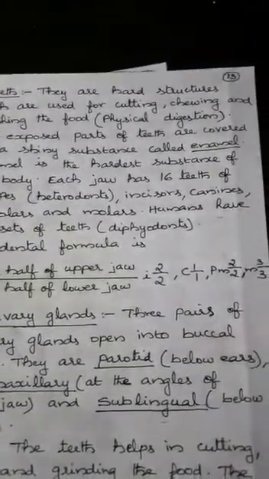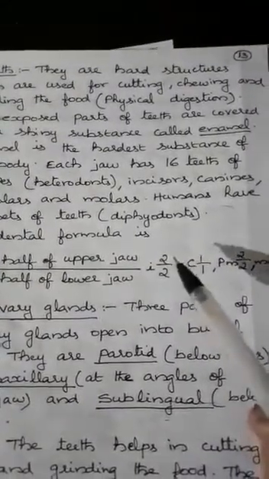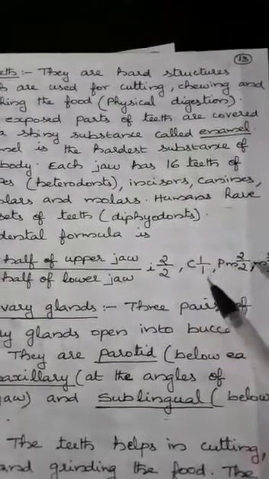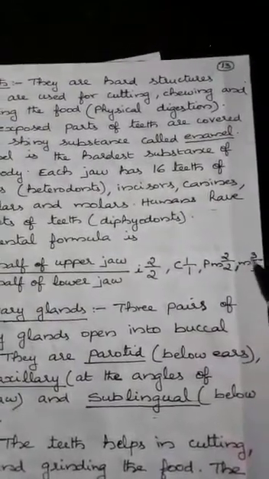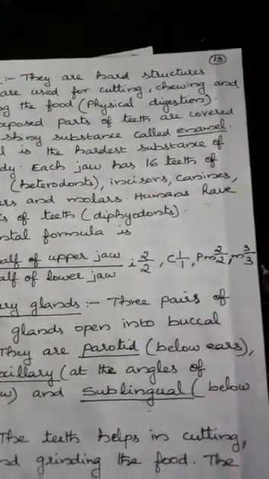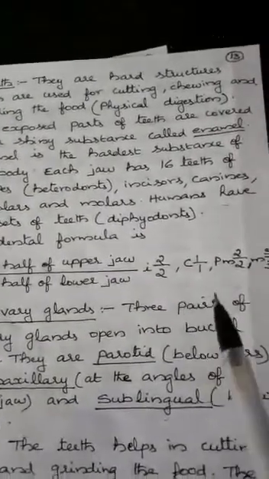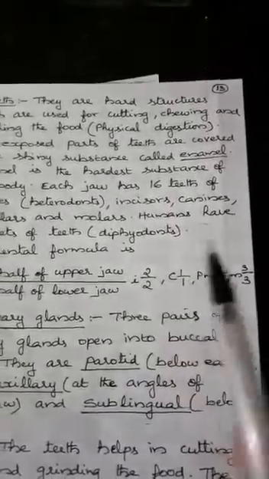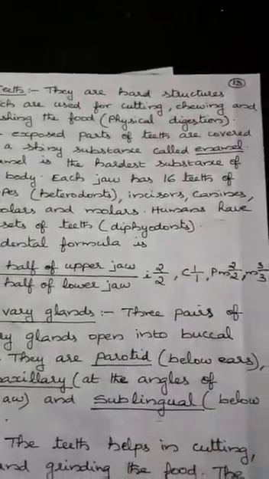So the half above has 2 incisors, below also 2, canine 1/1, premolars 2/2 and molars 3/3. So that is 16 in one half, the other half also 16, so total 32.